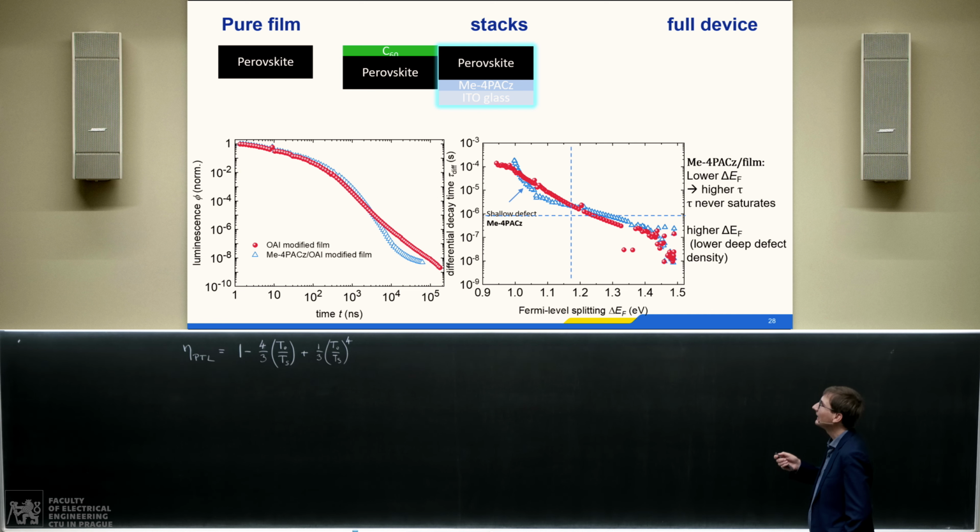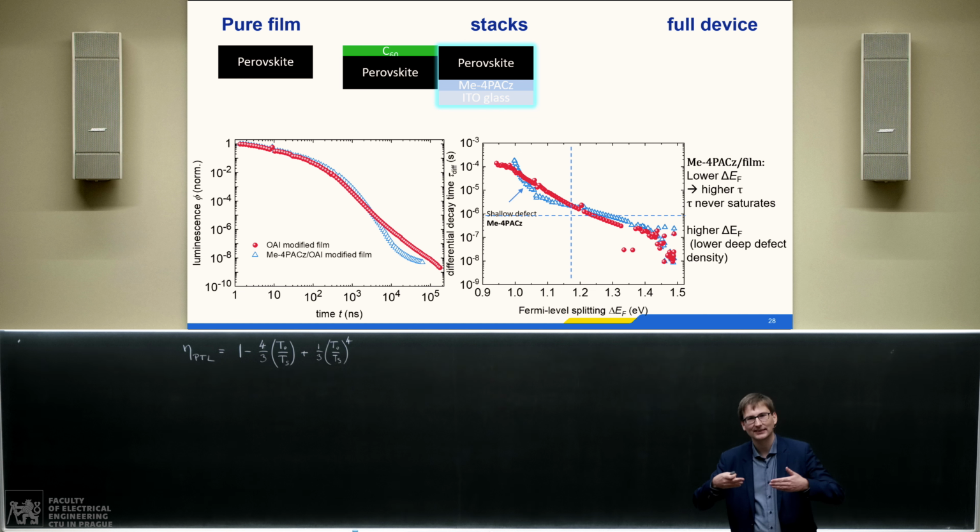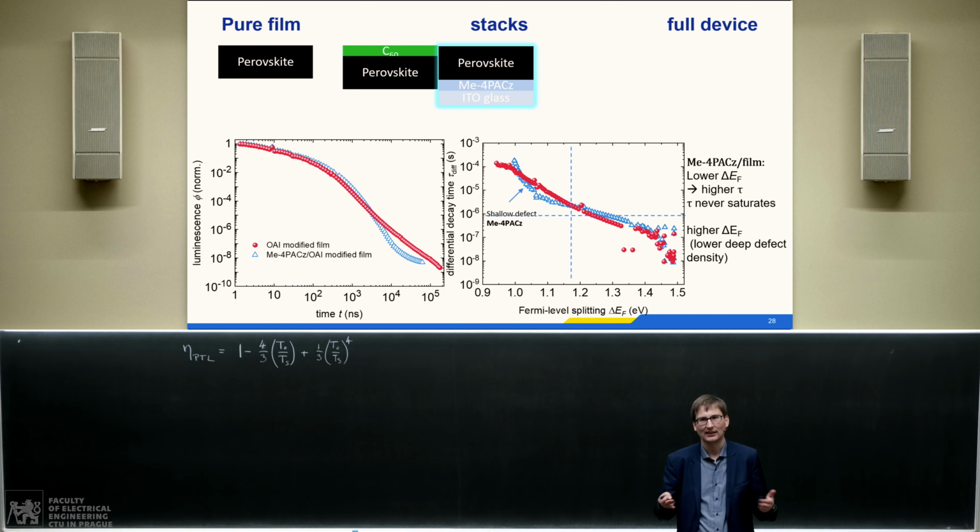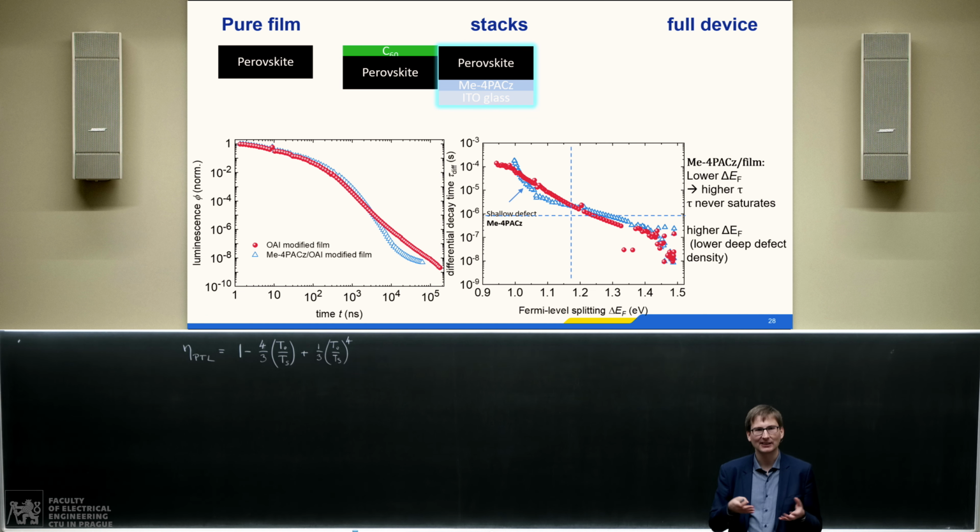And this first point is essentially directly after the laser pulse. So what we do is we measure the laser pulse and know how many photons are in one pulse. Then we know how many of them are absorbed, and then we can calculate what our initial carrier density should be. Then we need one more thing.